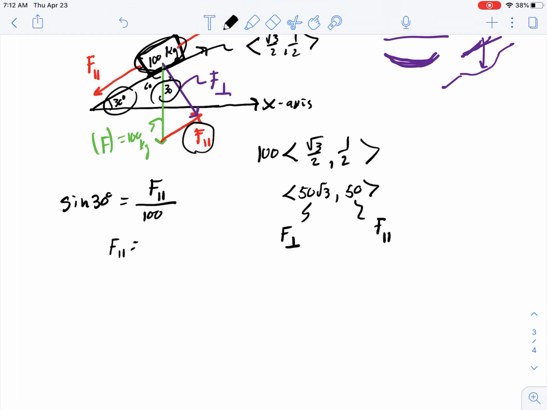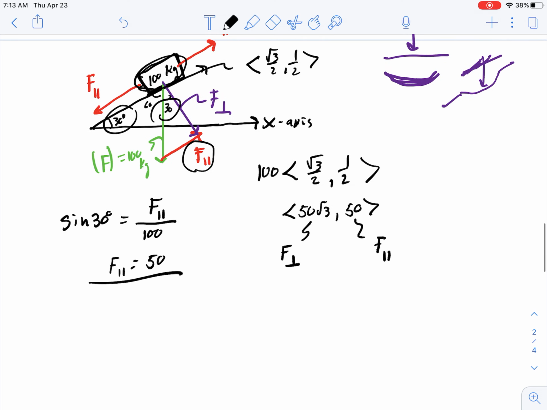So I set it up that way, and you get the same thing, F parallel equals 50. Okay. So anyway, something to think about in physics when you see that incline thing, a little bit faster way of maybe finding the solutions than some other ones.